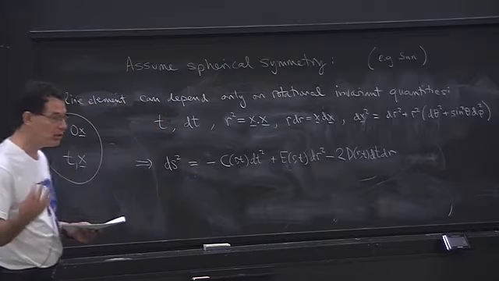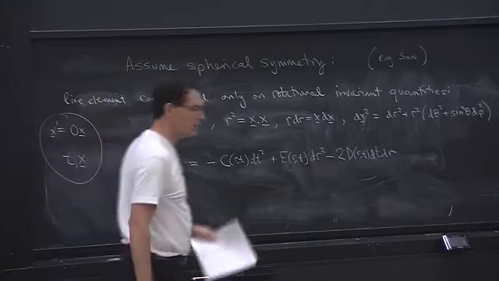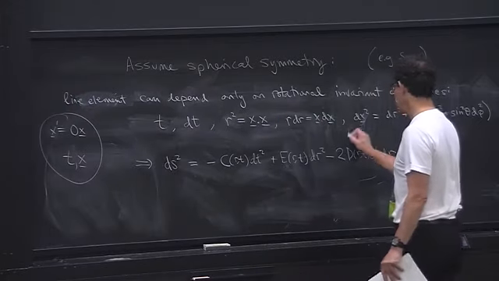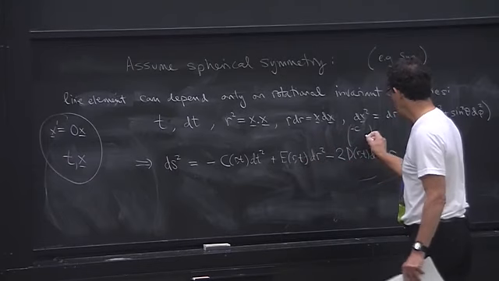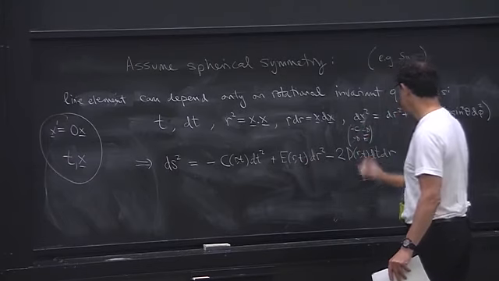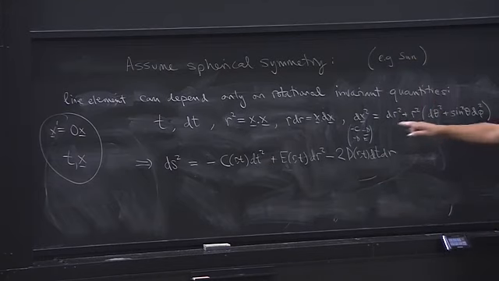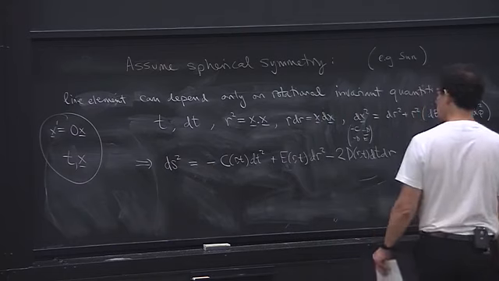Only constraint is symmetry, that there's some coefficient of dt dr. If you view this as a matrix, this would be minus C, minus D, minus D, E. This would be the tr components of the g mu nu viewed as a matrix.